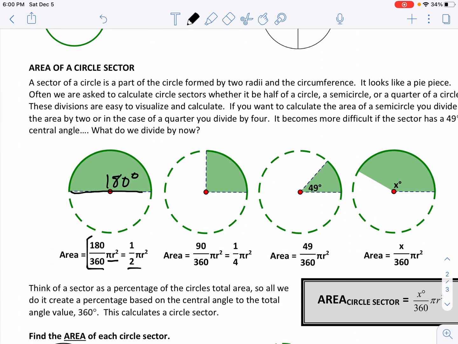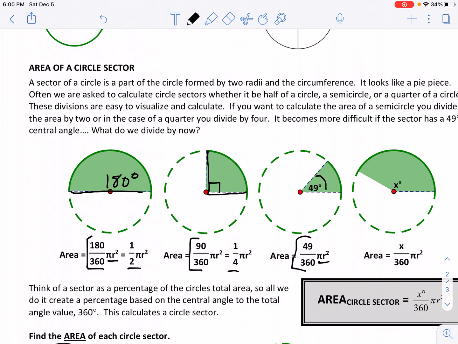If we're looking at 90 degrees of a sector of a circle here, we could take 90 out of 360, which is just 1/4 times the area of the circle, and that gives us 1/4 of the area of the total circle, okay? And so that still applies when we're looking at other angles as well, such as 49 degrees out of 360 times pi r squared.